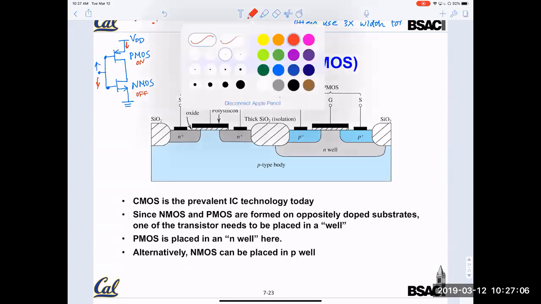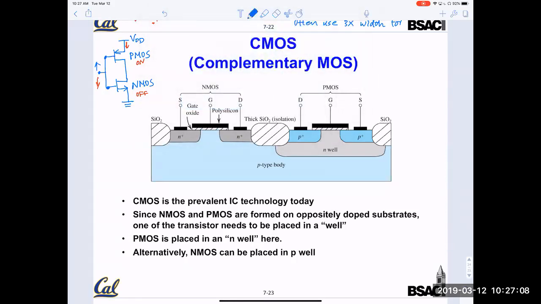This is to be compared with the NMOS logic that precedes the CMOS logic. In NMOS logic, we use a resistor to bias the NMOS. You can still build an inverter using this structure.